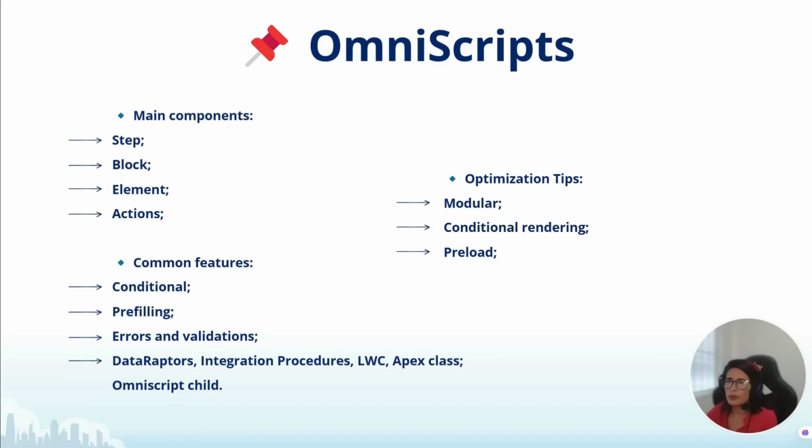There are a lot of components, but the main ones are the step. The step is the screen or the page that the user will see. We have the block that is used to group fields together. We have elements like fields, buttons, or inputs. We have the actions. The actions are like DataRaptors, integration procedures, or APIs.